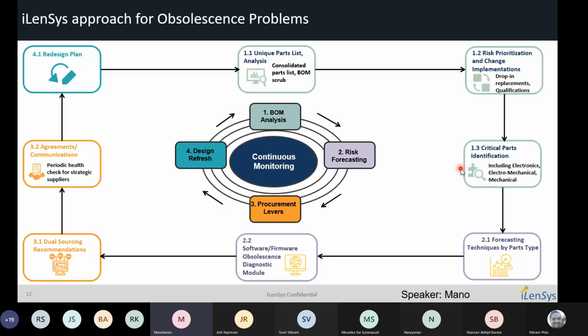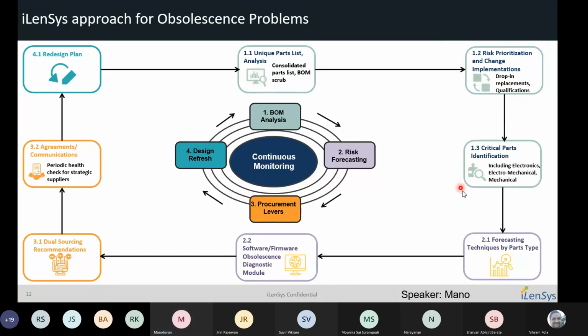The other way to look at it is whether that part is part of your regulatory or safety related testing and certification requirements. If so, with any challenges with that part, when you go for alternate findings, you have to address those regulatory and safety related requirements. That in a way is going to lead to your qualification lead time. So that's how we classify the components into critical parts.